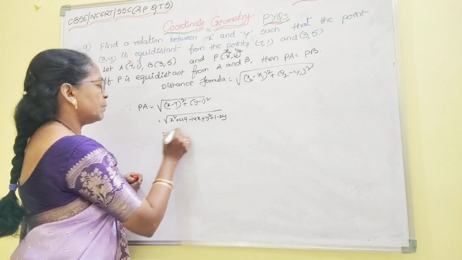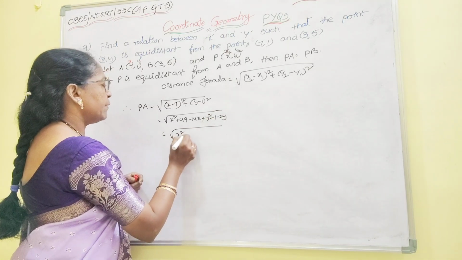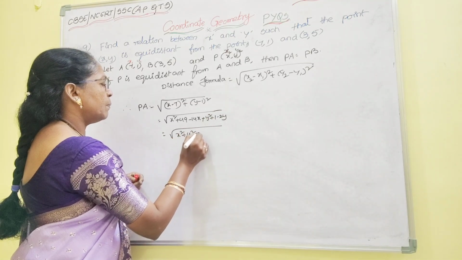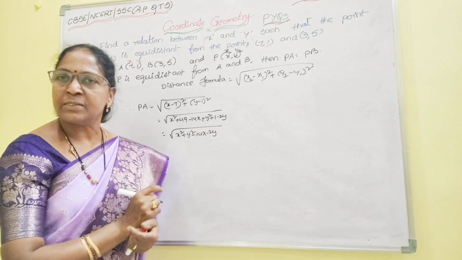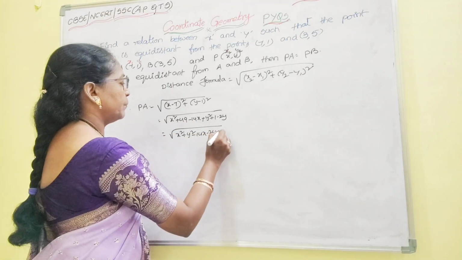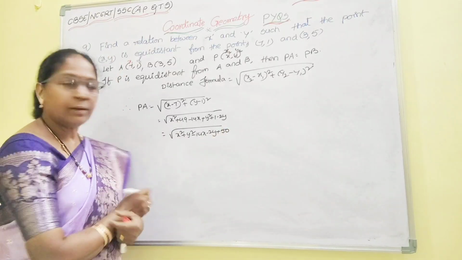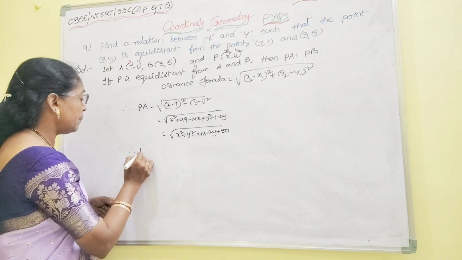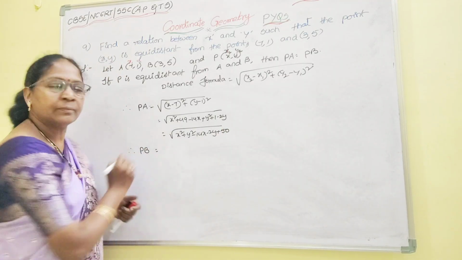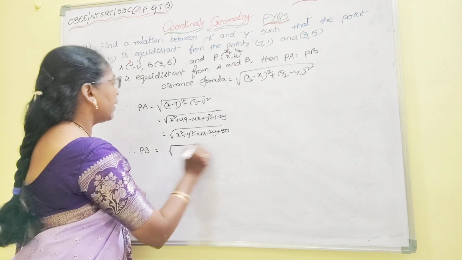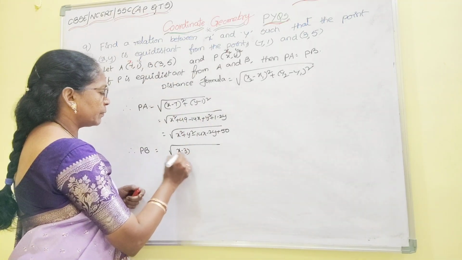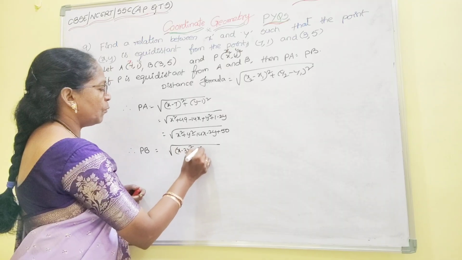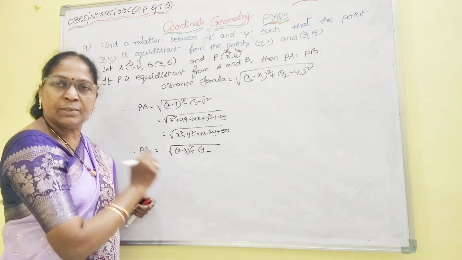Now if you simplify, write in order: x square plus y square minus 14x minus 2y plus 49 plus 1 equals plus 50. This we got. Now the distance PB you have to find, where PB equals square root of (x minus 3) whole square plus (y minus 5) whole square.